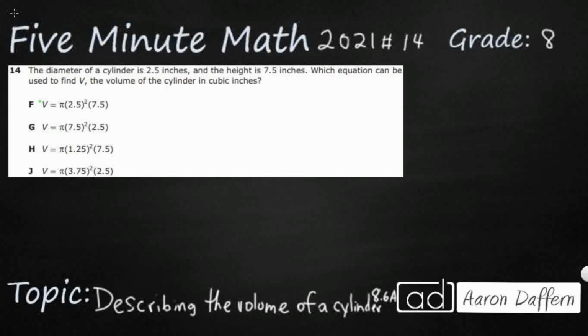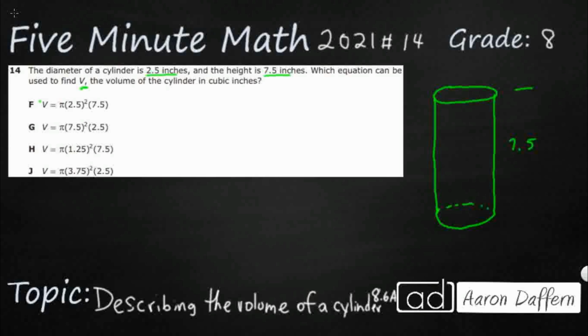So we have the diameter of a cylinder, 2.5 inches, height, 7.5. So which equation can be used to find V, the volume of the cylinder, in inches? Well, let's see if we can draw a cylinder here. Got 7.5 inches right here.